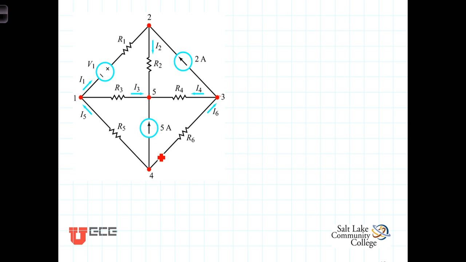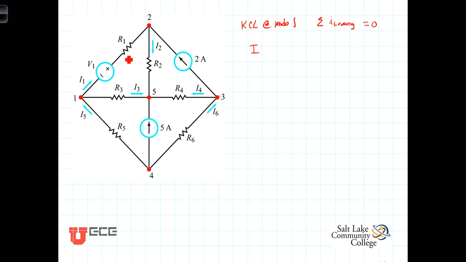So we could go ahead and write a KCL at node 1. Again, we're going to sum the currents leaving, which means that the currents entering will be negative, but the sum of the currents must equal 0. So here we are at node 1. We have currents leaving. I1 is leaving, so that would be a positive.